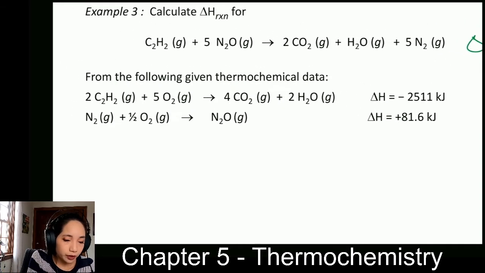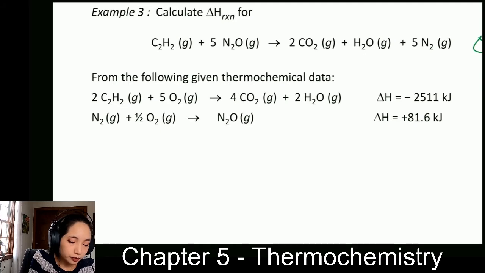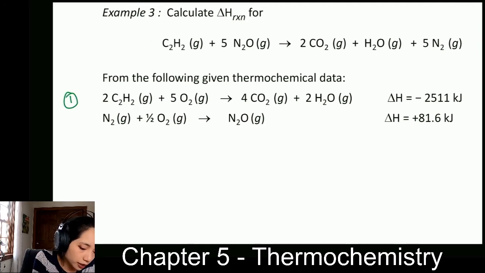So I'm going to just start with C2H2. So that's acetylene gas. So I will look at the steps given. I'm just going to name them 1 and 2 so I can just keep track of them. So I see C2H2 shows up in the first step, the first thermochemical step given. The problem is that in the overall reaction, I want a 1 coefficient, but in step 1 that's given, there's 2 acetylenes.